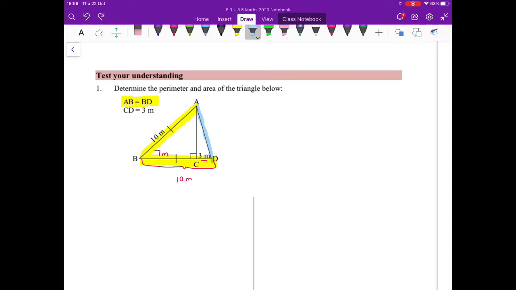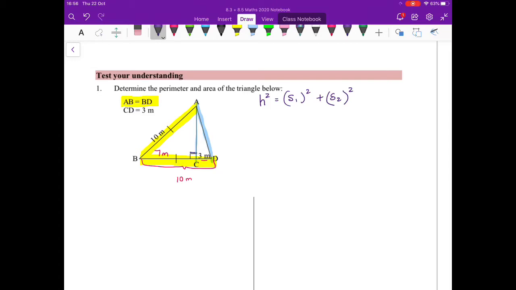Right, so we're going to look at the bigger of the two triangles and we are going to determine the perpendicular height. And I'm going to use Pythag, which says hypotenuse squared equals side 1 squared plus side 2 squared.